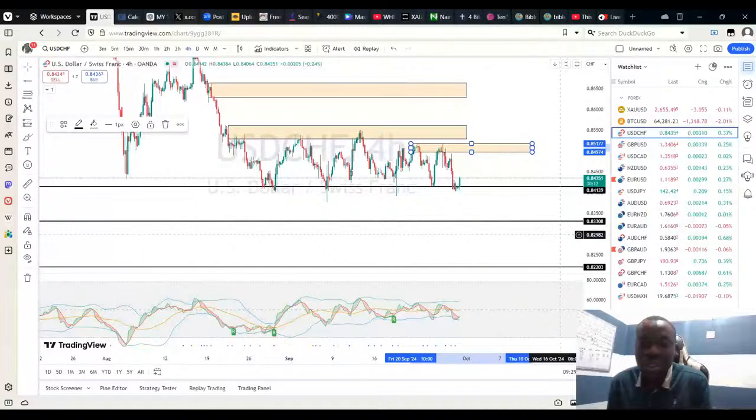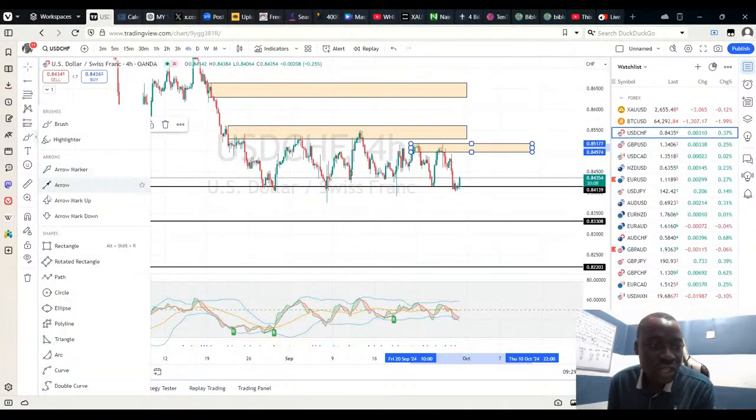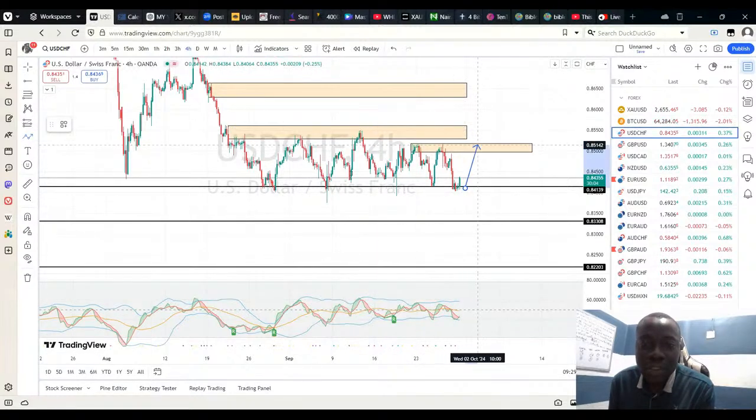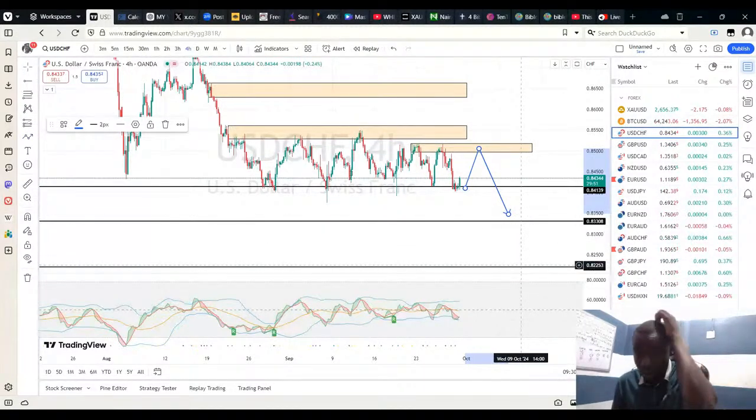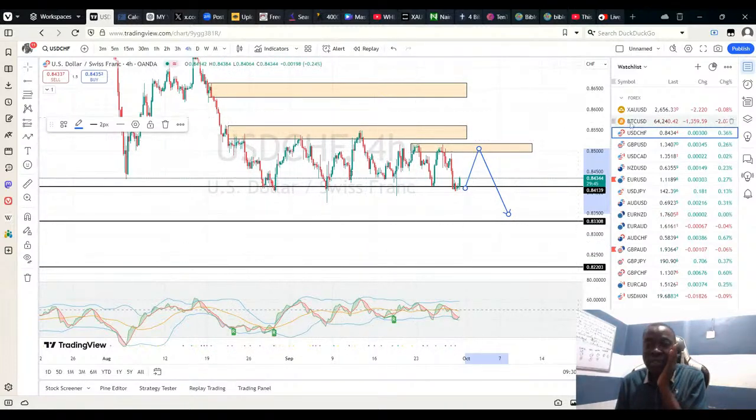My decision on this USD CHF still goes that we should expect a pullback up to this price of 0.8500 or 0.8510, then look for a good sell opportunity to 0.8350 or 0.8300. So far, so good. That is my decision on this particular pair, USD CHF.